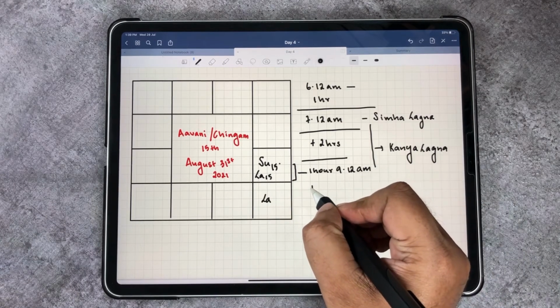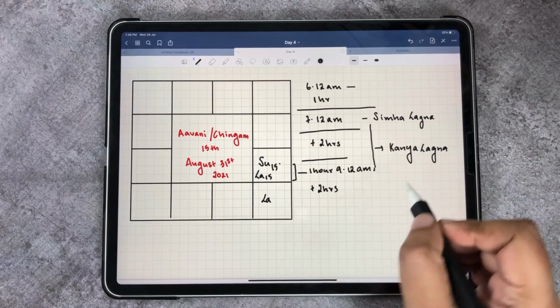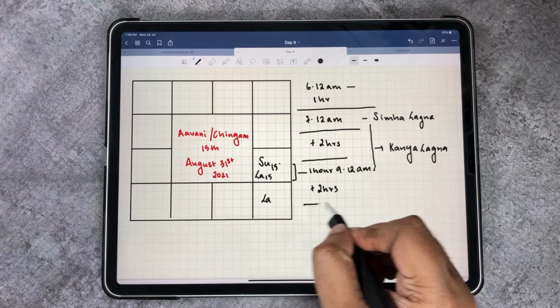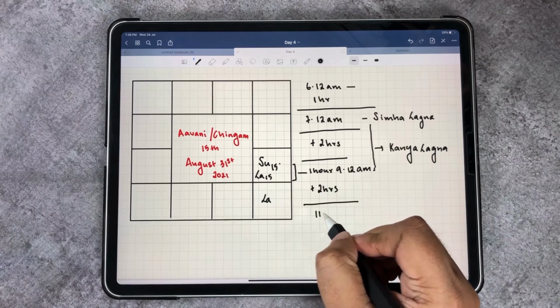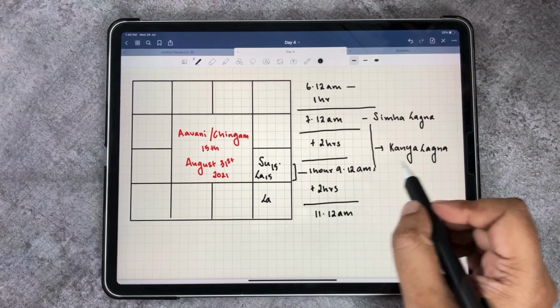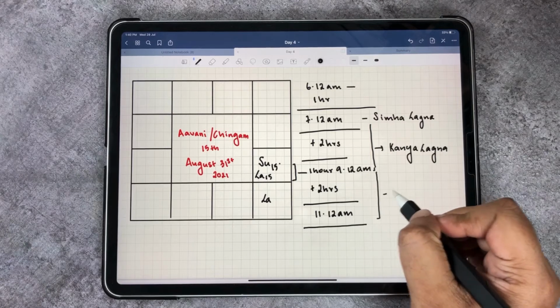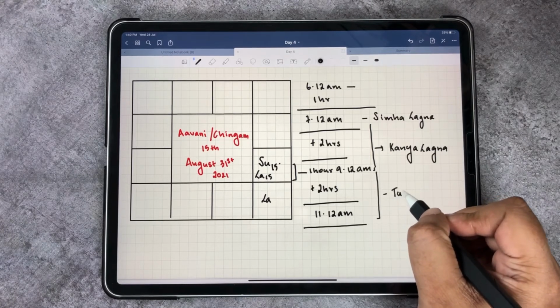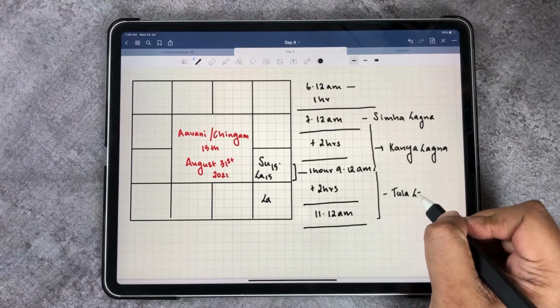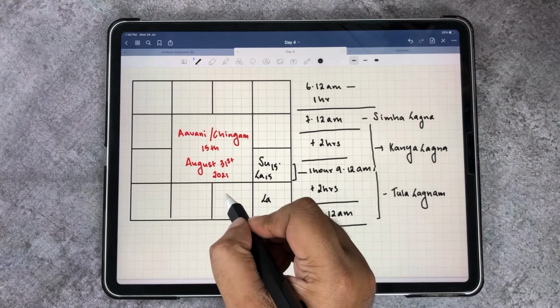Now again, let's add 2 hours. So you would get 11:12 a.m. So from 9:12 a.m. to 11:12 a.m. you will have a Tula Lagnam, right here.